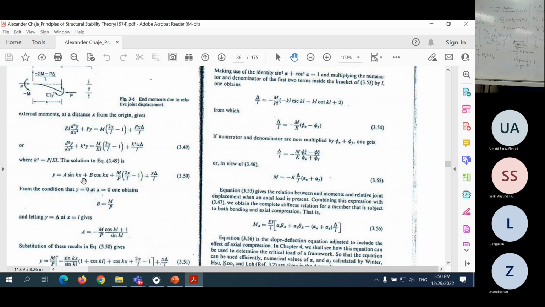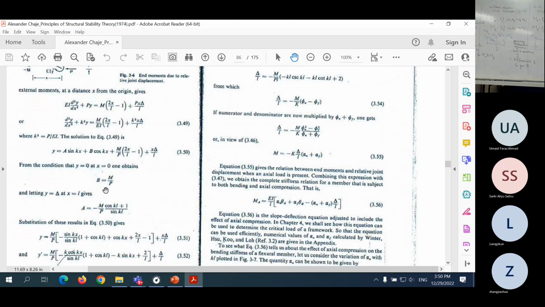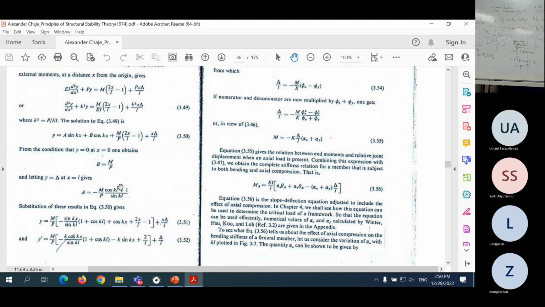Again, A sin kx and B cos kx appear. All the time it follows. Then A and B appear, and we need to use the boundary conditions. So we get A and B, substitute, then we get 3.51. We get the rotations because we want to get theta, so differentiate this, and get to this.